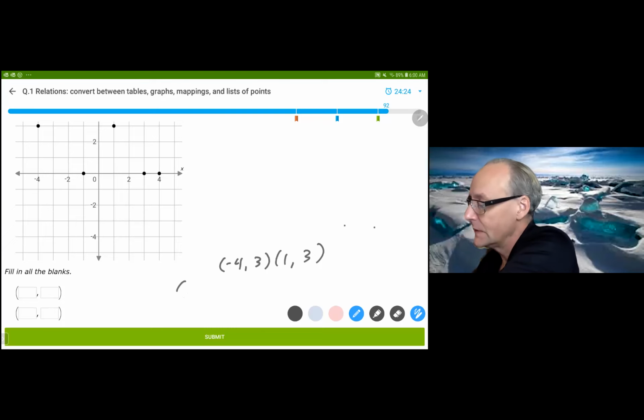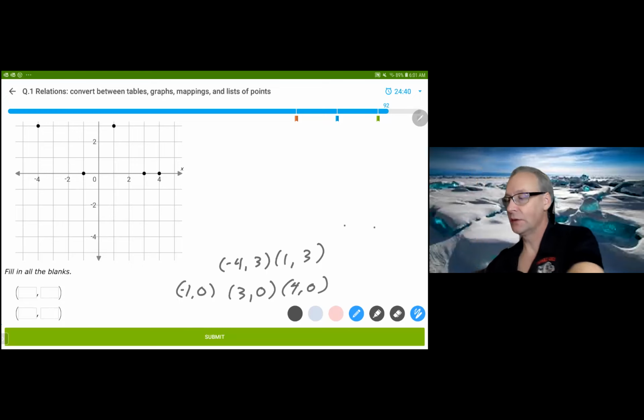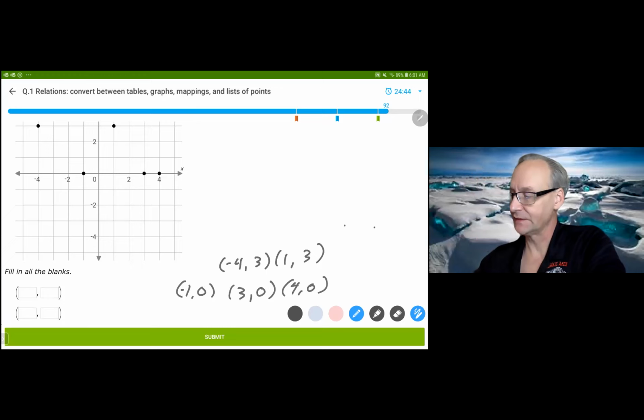These points do not make this relation non-functional. This is a negative 1, 0, excuse me. It's a 3, 0, and it's also a 4, 0. This is okay. This is a function, by the way. Notice that it passes what's called the vertical line test. There are no 2 points on the same x.